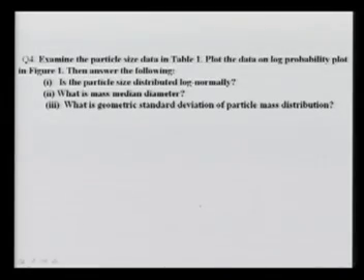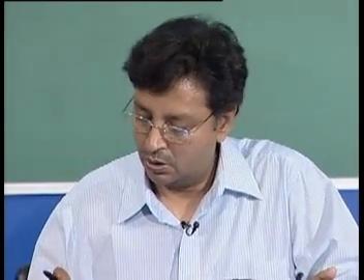Plot the data on the log probability plot as in figure 1, which I will also show you, and then answer the following questions: is the particle size distributed log normally? What is the mass median diameter of the particle, and what is the geometric standard deviation of the particle mass distribution? This information we require a lot in terms of looking at the particle size distribution in the ambient air. So what we will do is go to the next one.